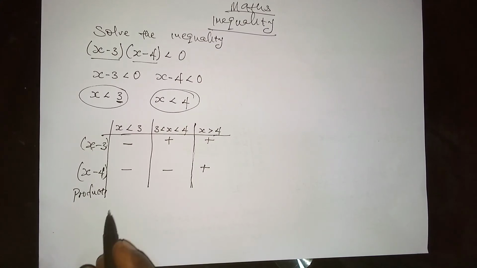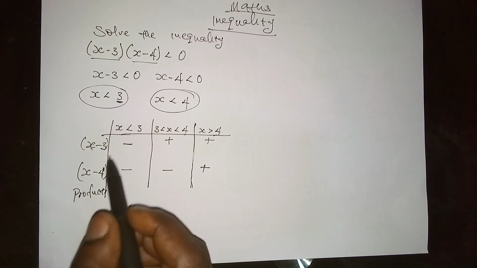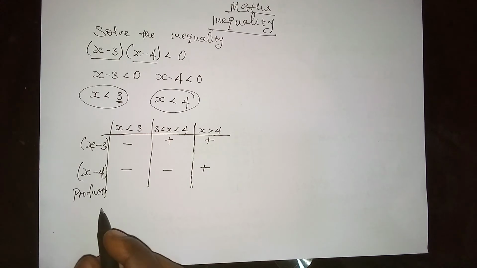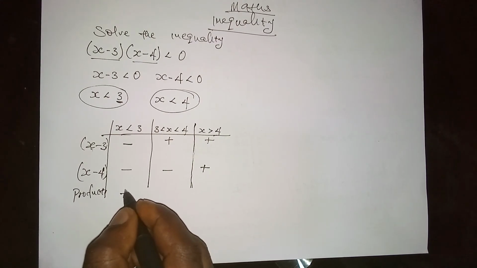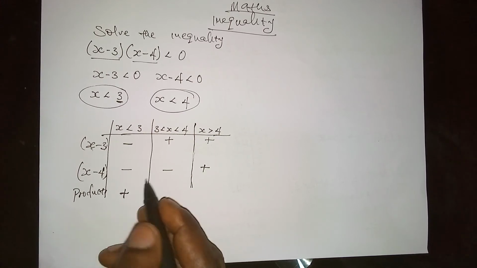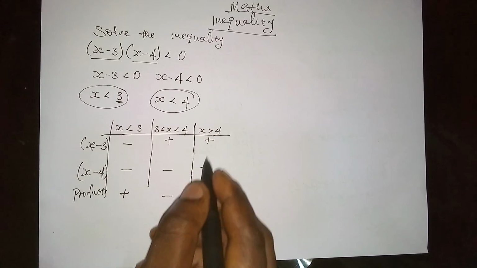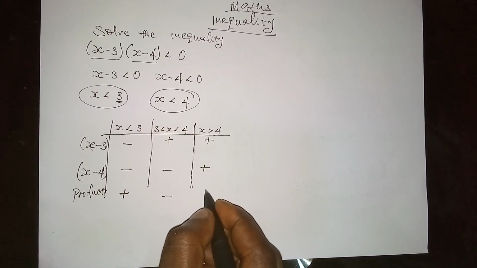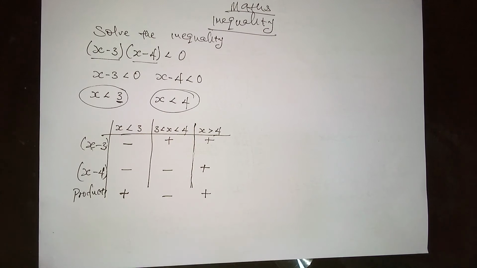Now we have the product. As the case may be, we are going to multiply the two signs. Negative into negative will give us a positive sign. Positive into negative gives us negative, and positive into positive gives us positive.